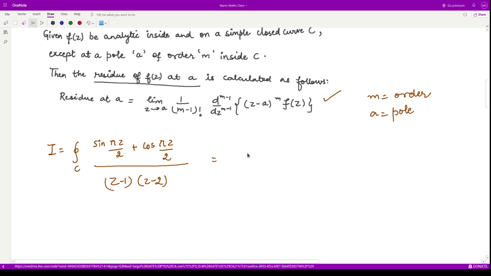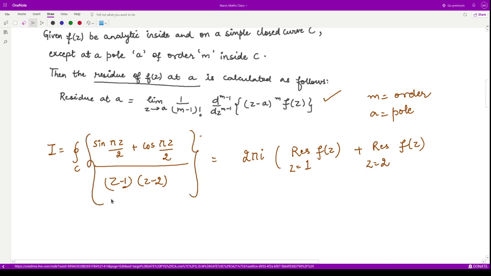So that would simply be equal to 2 pi iota multiplied by the residue of the function f(z) calculated at the point z is equal to 1, because 1 is the simple pole, and then the residue of the function f(z) calculated at the point 2. And what is f(z)? f(z) is this whole function. So let us calculate this.